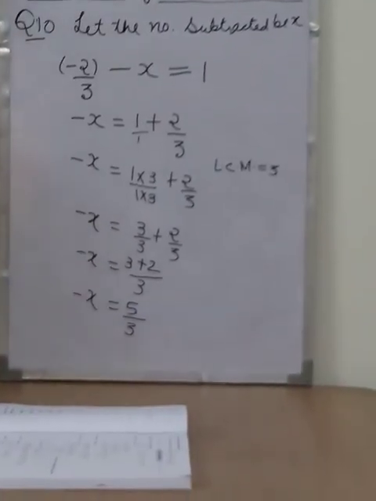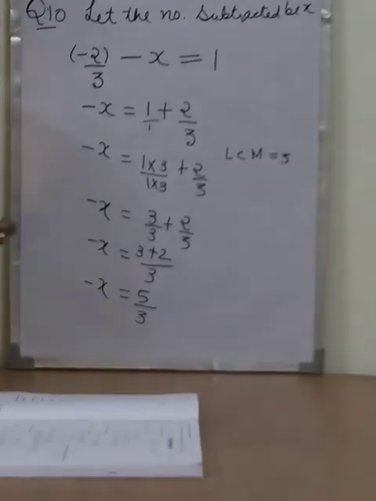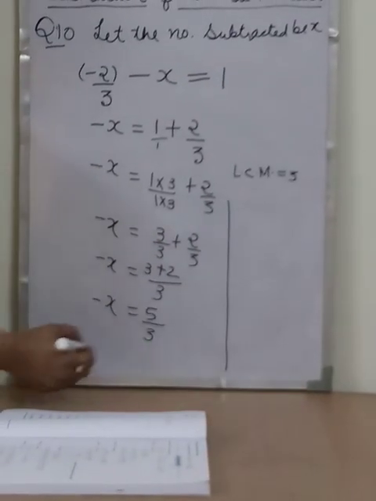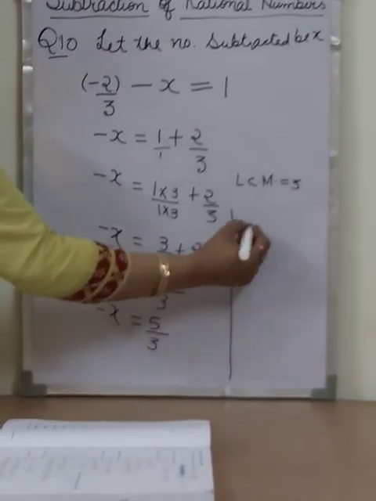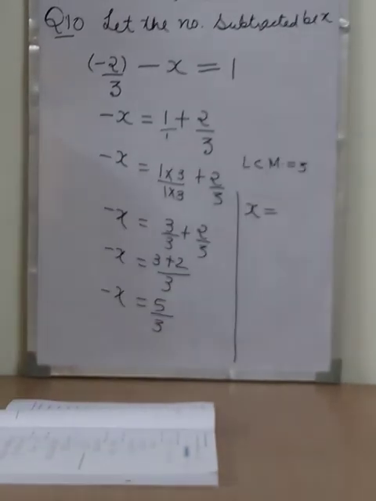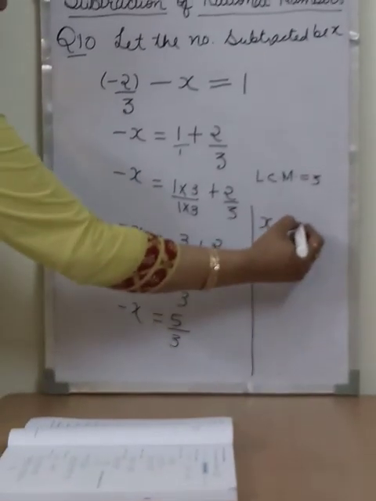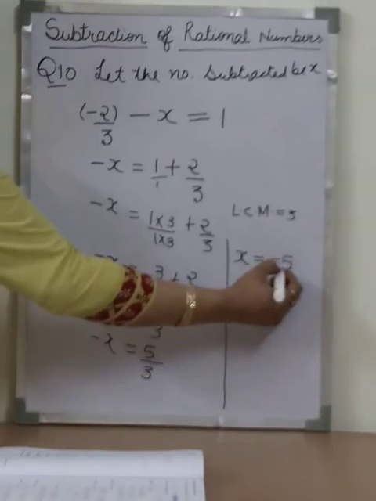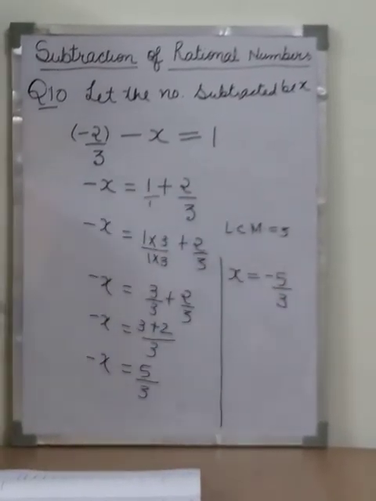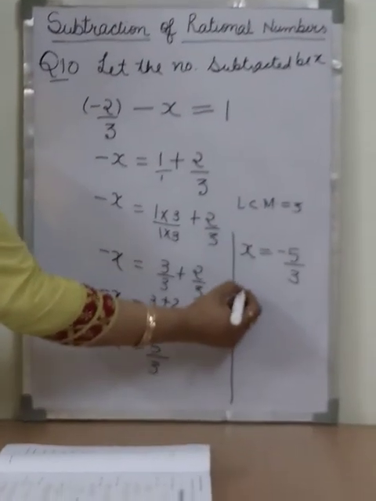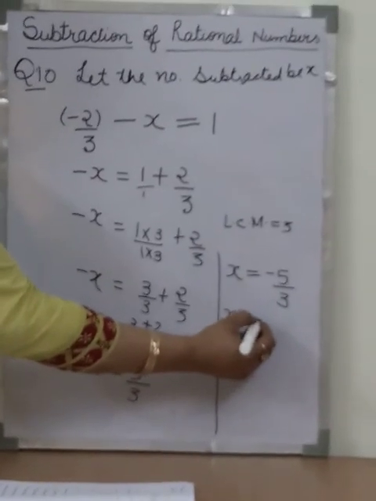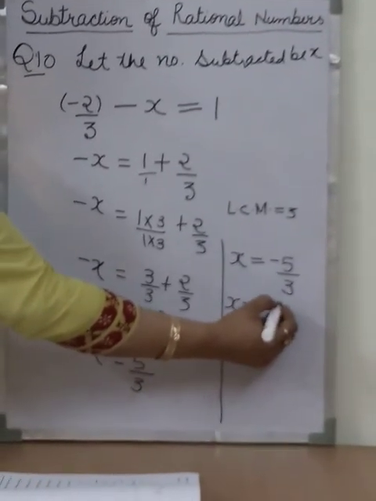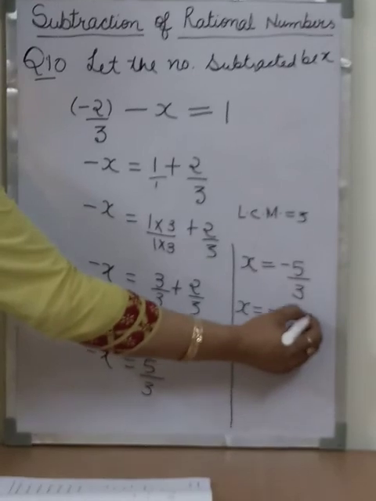Now the value of minus x is equal to 5 by 3 and we are looking for the value of x. So this negative sign we transpose to the other side. The moment we transpose, it will become minus 5 by 3. As it is an improper fraction, we convert it into a mixed fraction. What we get? Minus 1 whole 2 by 3.